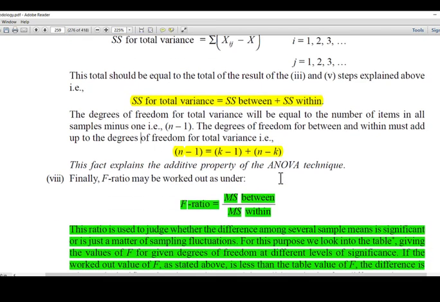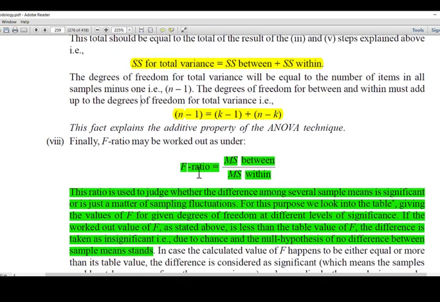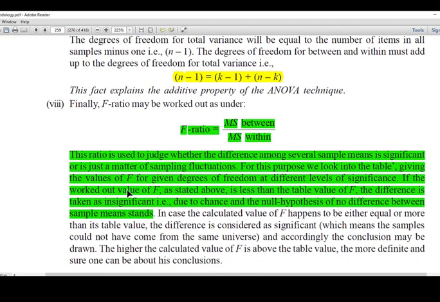And then finally the F ratio is calculated as MS between by MS within. And this ratio is used to judge whether the difference among several sample means is significant or is just a matter of sampling fluctuations. For this purpose, we look into the table given in the appendix of this book, giving the values of F for given degrees of freedom at different levels of significance.